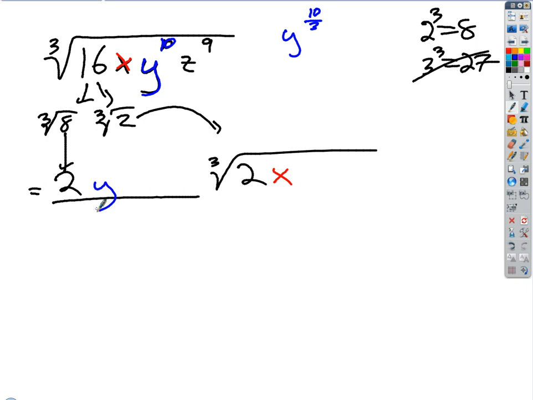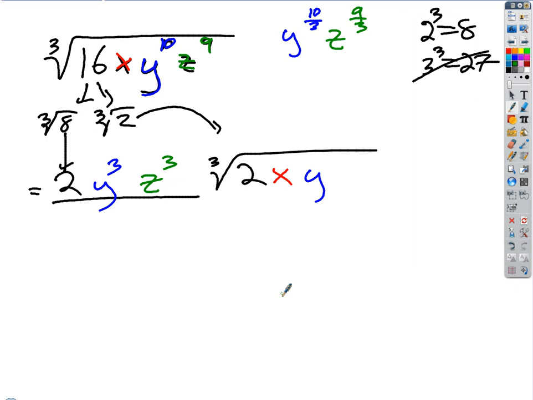That's 3 1/3. Boom, got it. I won't even write the 1, right? Z, z's cubed outside. Yeah, I get z to the 9/3, which is done. Okay, how about that?